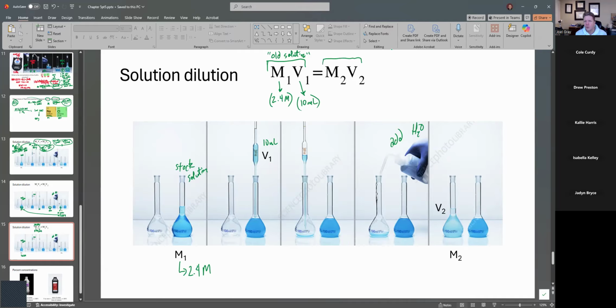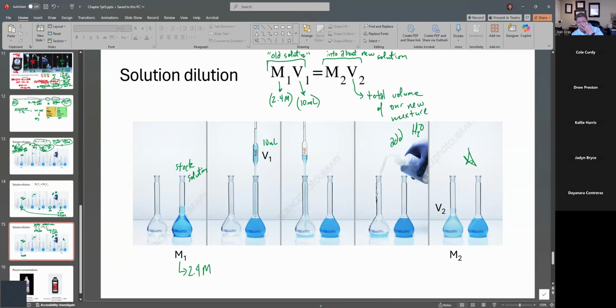Now, the right-hand side of the equation is going to be the info about our new solution. We don't know the info about the new solution until we get all the way over here. Our V2, this is the total volume of our new, and if it's easier for you, you could say our new mixture.